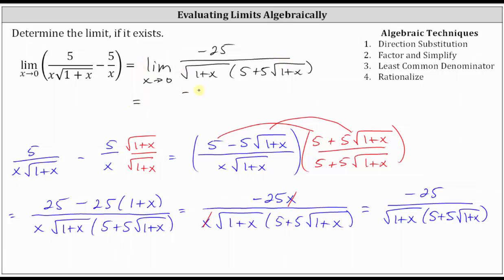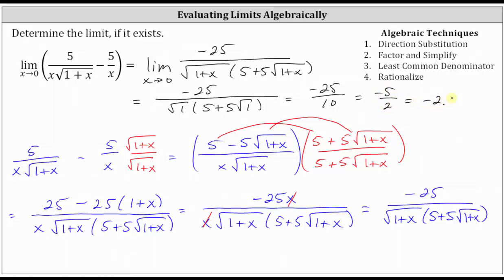We have negative 25 divided by, if x is 0, the square root of 1 times the quantity 5 plus 5 square root 1. Simplifying again, we have negative 25 all over, this is just 1 times 10 or 10, and negative 25 tenths simplifies to negative 5 halves, or if we want, negative 2.5.